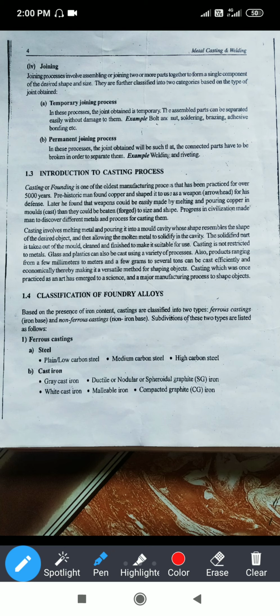Casting is not restricted to metal. Glass and plastic can also be cast using a variety of processes.